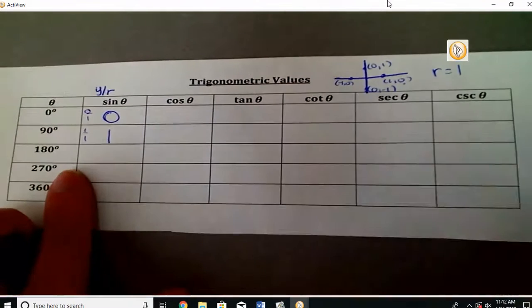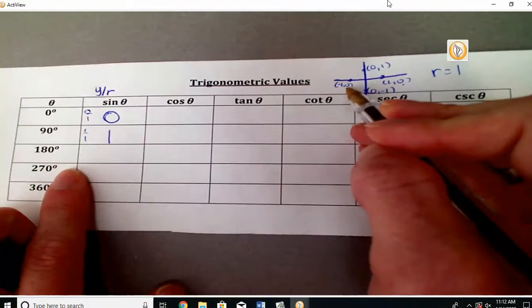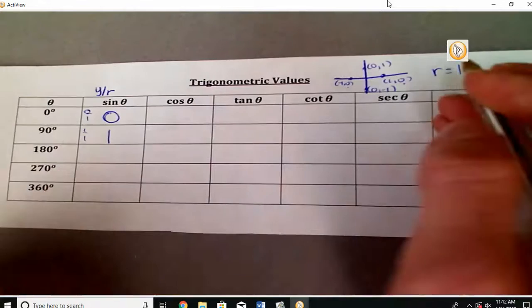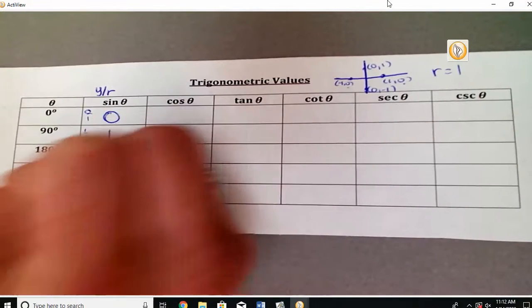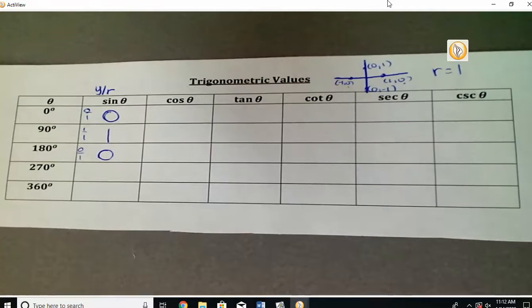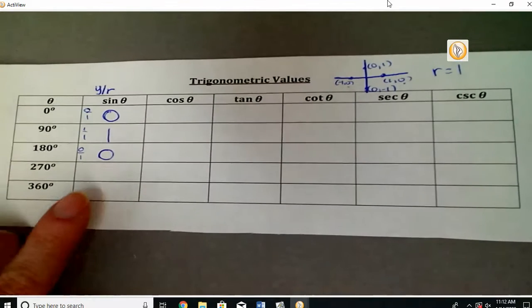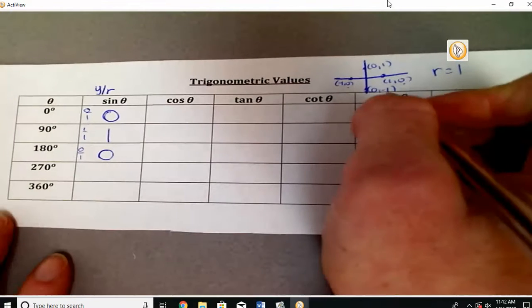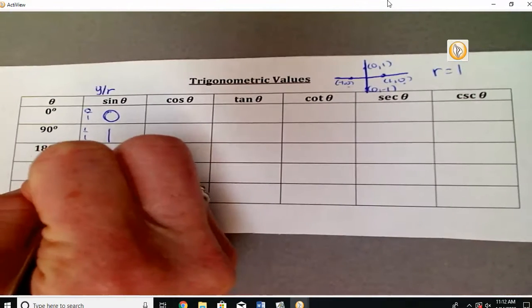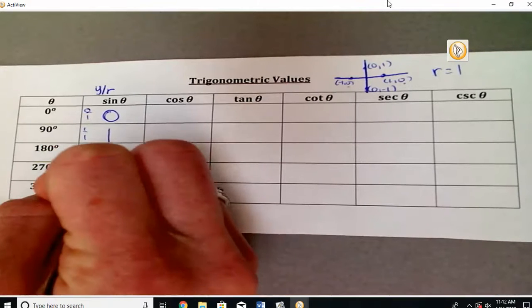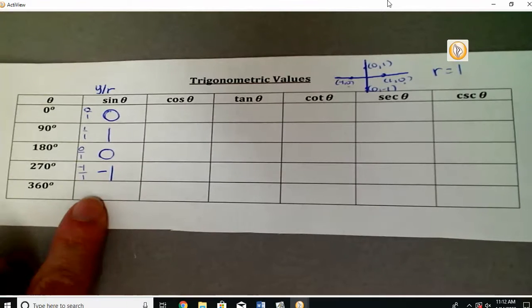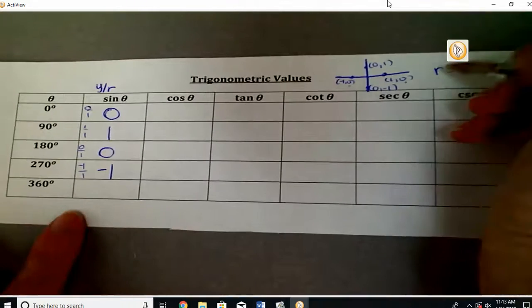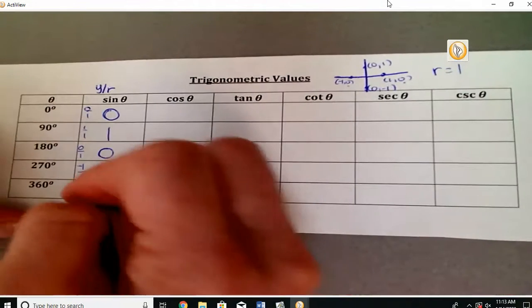At 180, my y is 0, r is 1, so 0 over 1 is 0. 270, y is -1, r is 1, -1 over 1 is -1. 360 is the same as 0, so you could calculate it again, or you could just write down the number from 0.